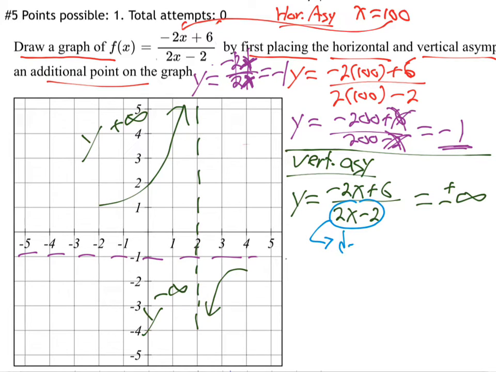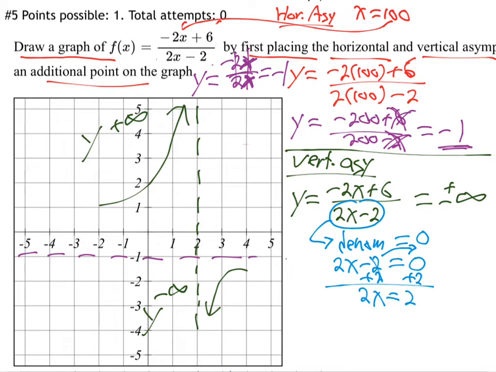So you take the denominator and you say, what's going to make the denominator equal 0? Because that'll be what makes the function go to positive infinity or negative infinity. Well, add 2 to both sides, and you get positive 2. Divide by 2.